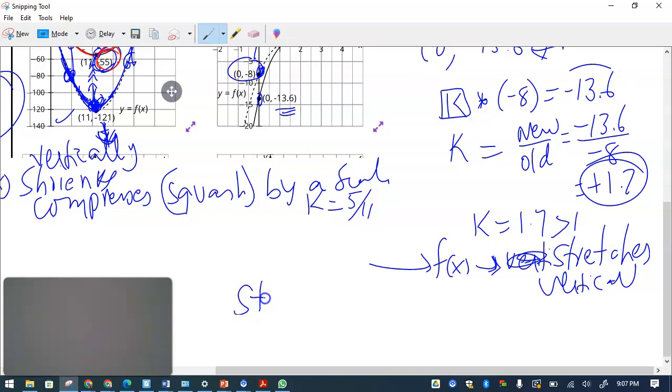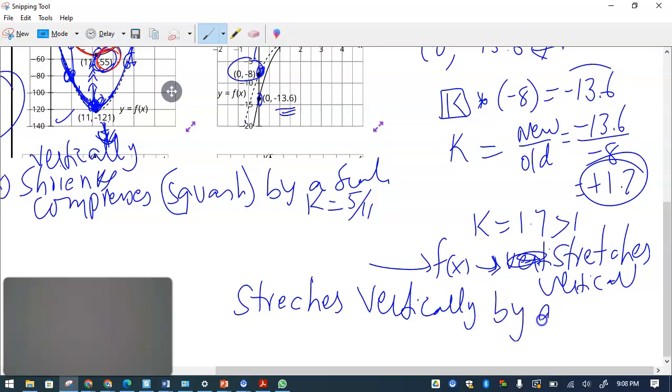How do you get g(x)? The g(x) graph is obtained when f(x) stretches vertically by a scale factor k equals 1.7. That's it. You're done. Let's do the third one and the fourth, because there are 4 of them.